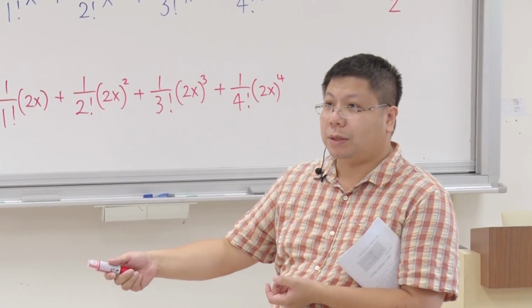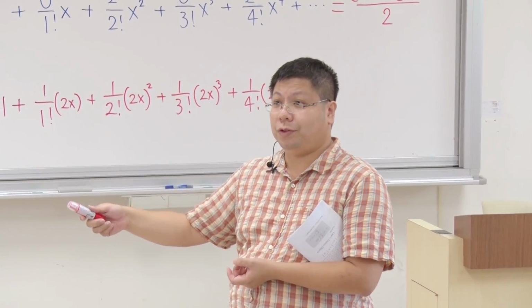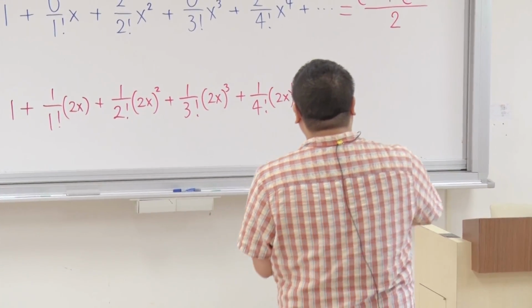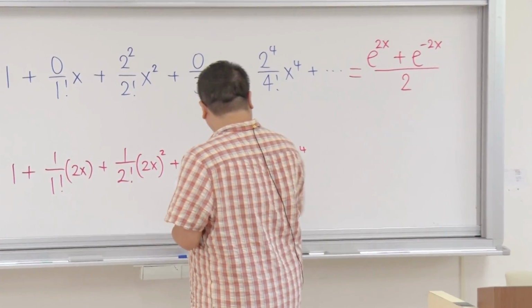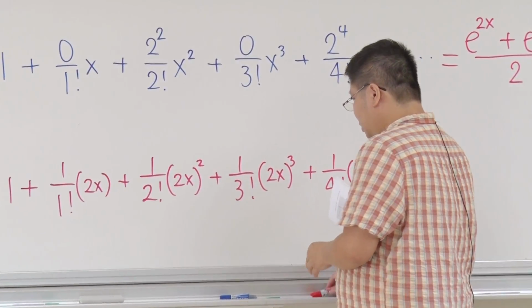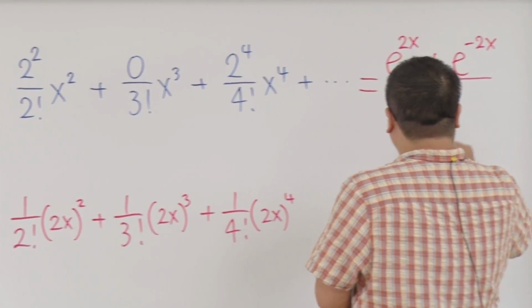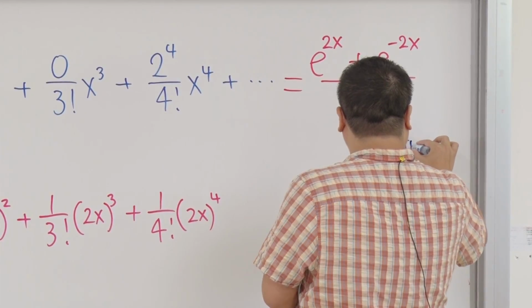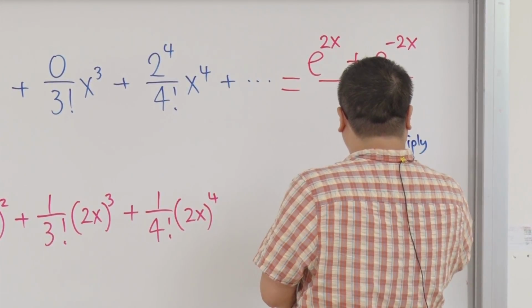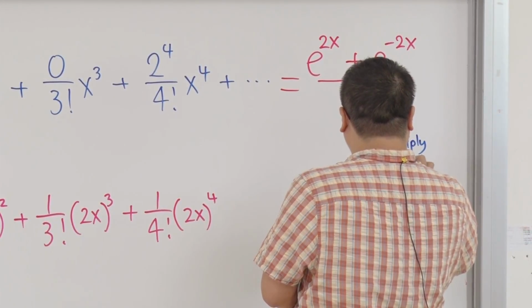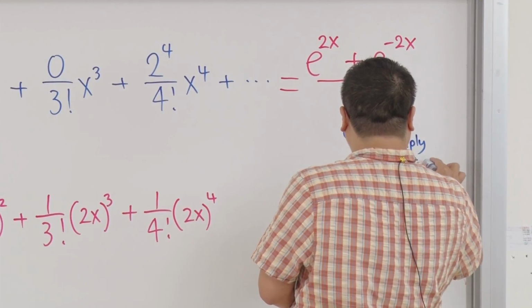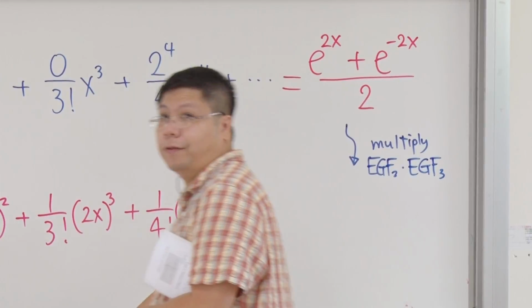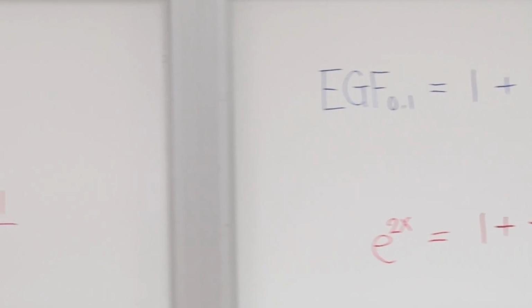We multiply with the EGF of 2, then we should get the EGF of the combined things. So we multiply this, EGF of 2, EGF of 3. We will get the EGF of the combined things. And what is it?